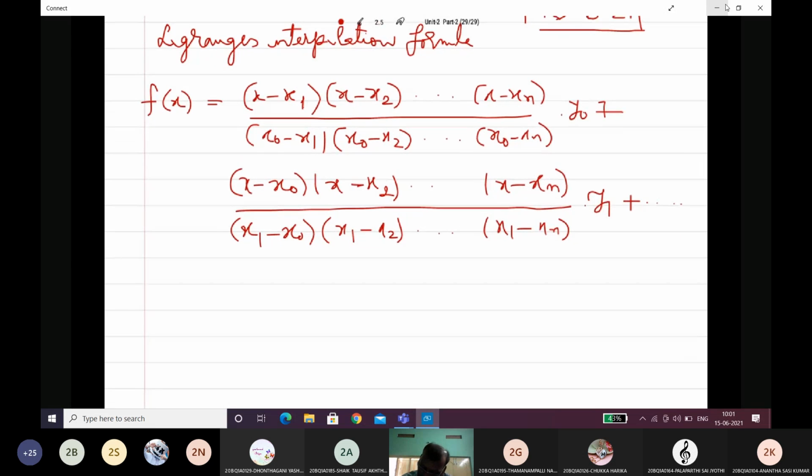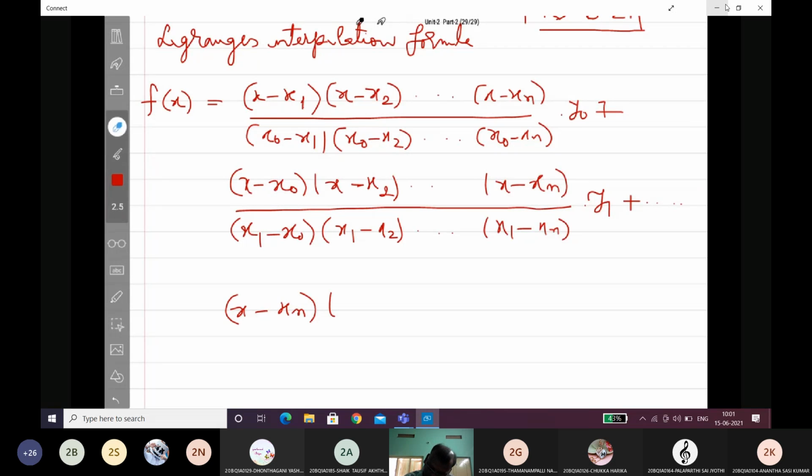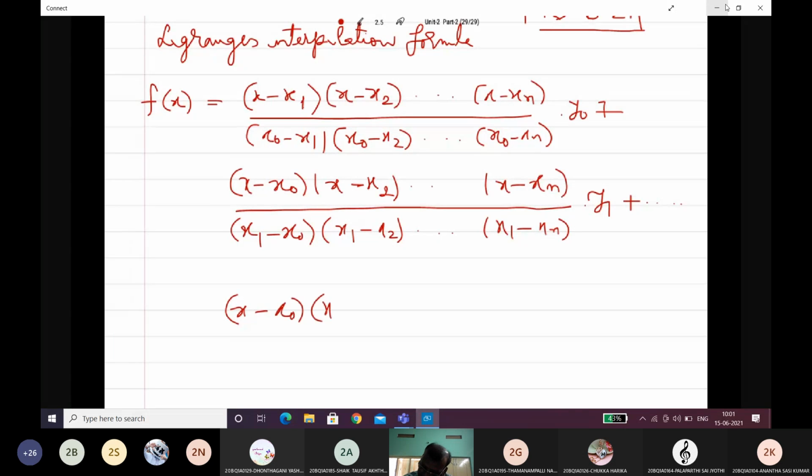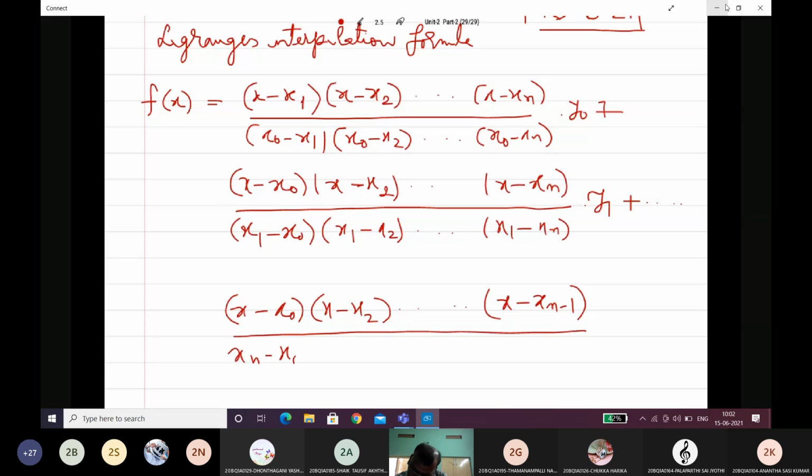In general, coming to the last one, x minus x0 into x minus x1, etc., x minus xn minus 1, divided by xn minus x0, xn minus x1, etc., xn minus xn minus 1 into yn.